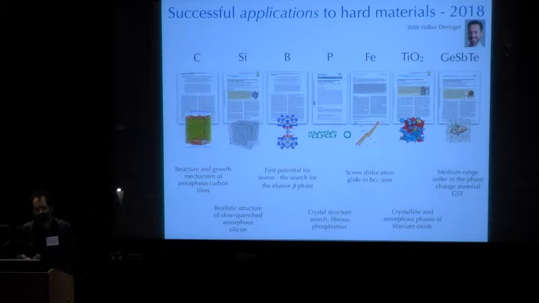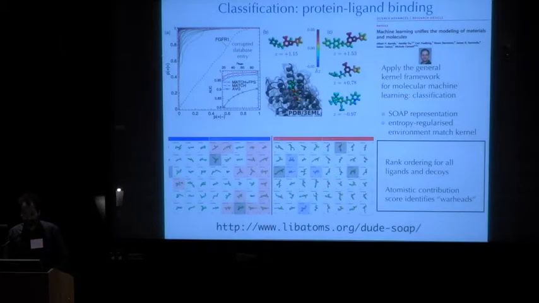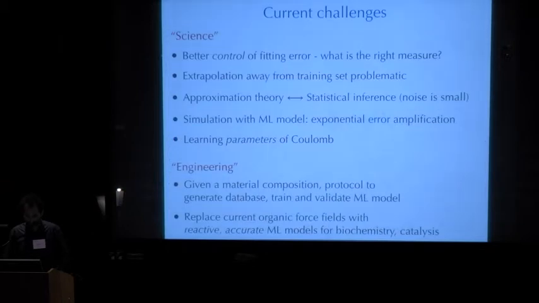So all of these, just in 2018, have been applications of materials modeling enabled solely because we have fast and accurate machine learning models. I'm out of time now, so I will not discuss the protein ligand binding effect, but just one sentence: this applies to molecules as well. And we have successful applications for molecular modeling.